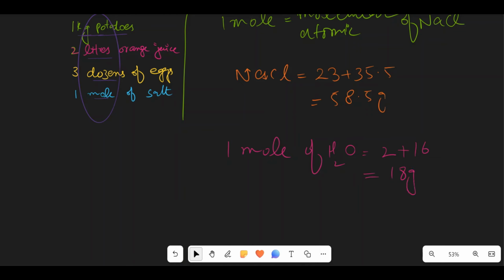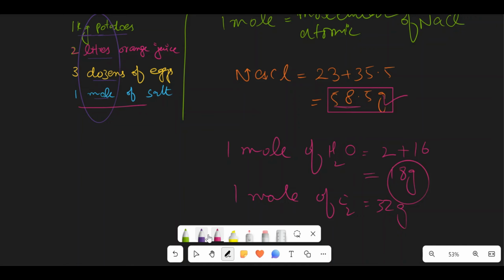Now if you go to a grocery shop and ask for 1 mole of salt, you would be saying 58.5 grams, because we show the molecular mass in grams, and that becomes 1 mole. 1 mole of O2 becomes 32 grams.